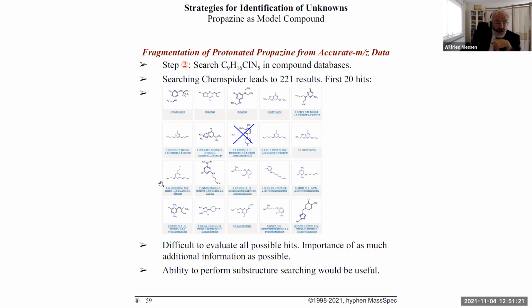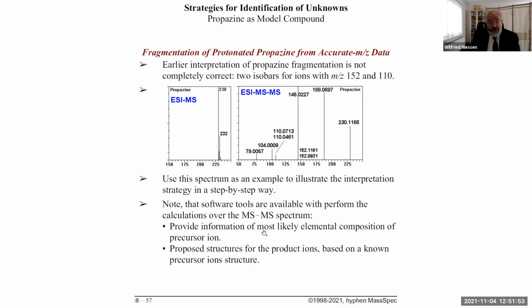And if I look at these, I can say, well, this is ruled out because this is not C9H16ClN5, but in fact C9H15N5, because it's the HCl salt of this particular compound. So the chlorine is not covalently attached, so I can rule that out. Of course, I have a whole variety of pages more, but I will not go through them.